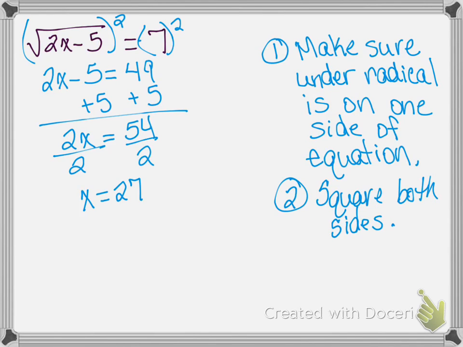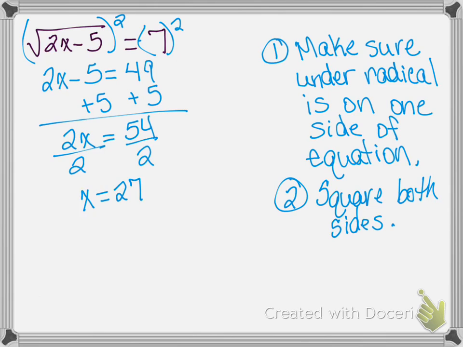Okay, so I added 5 to both sides. I got 2x equals 54. I divided by 2. I got x equals 27. Okay? So it was solving a linear equation.